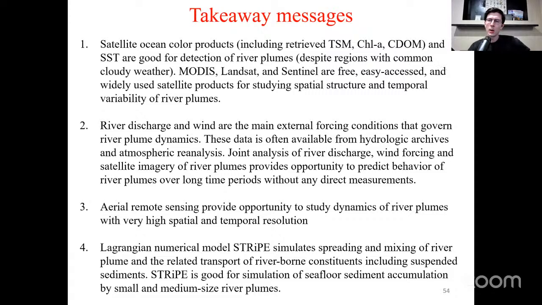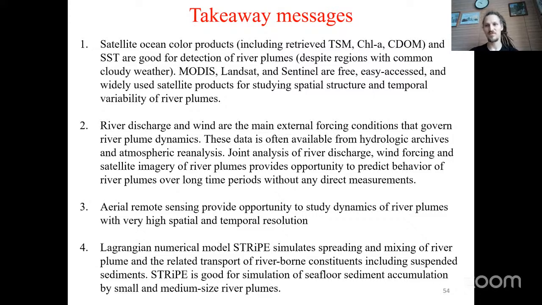So the first one is, what is the purpose of using various satellite data to map the river plumes, since they have their own limitations? The purpose is to compare, if there is some river which you do not have access to. You look at sea surface temperature and you see something which you think is the shape of a river plume.